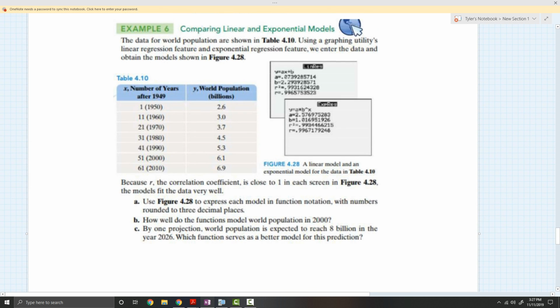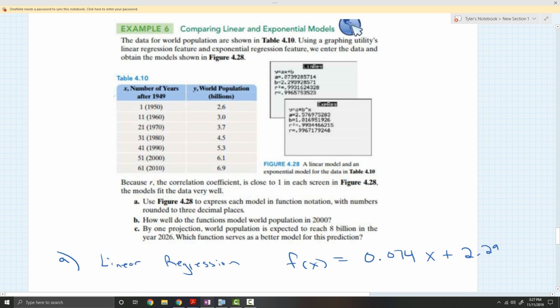For the linear regression, we would have f of x equals 0.074, rounding a to 3 decimal places, times x plus b rounded to 3 decimal places, which is 2.294.